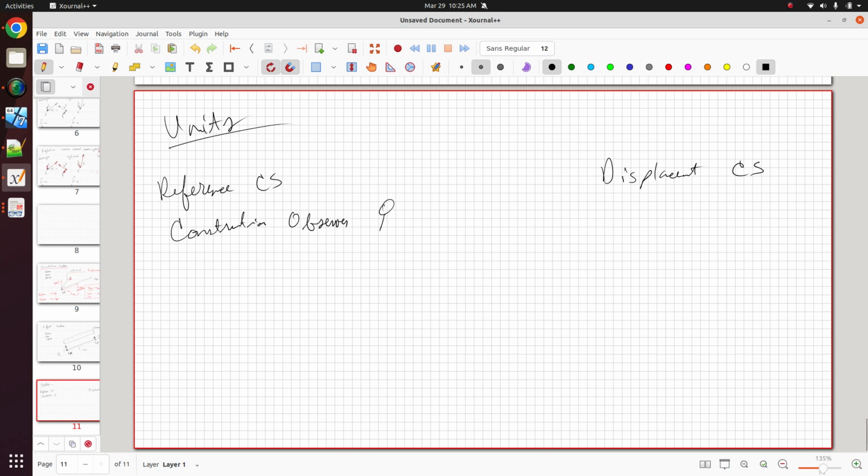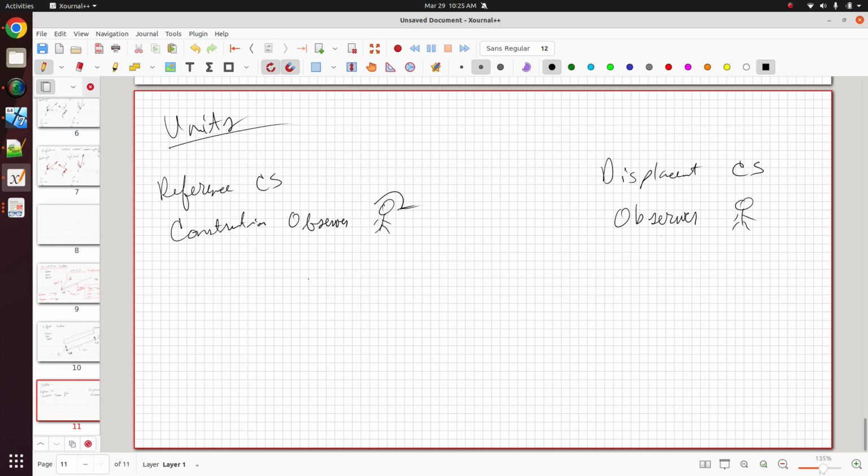Remember, if you really want to think about it, this is a stick figure with a construction helmet. This displacement coordinate system, I call just the observer. And then I also give it a stick figure of its own. Sometimes you see this referred to as the analysis coordinate system, which further confuses us, but let's just call it the displacement and the observer.